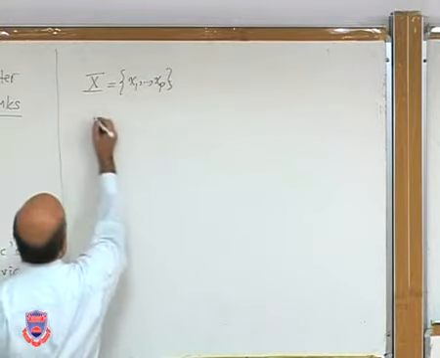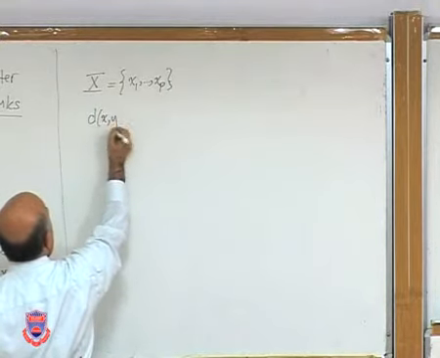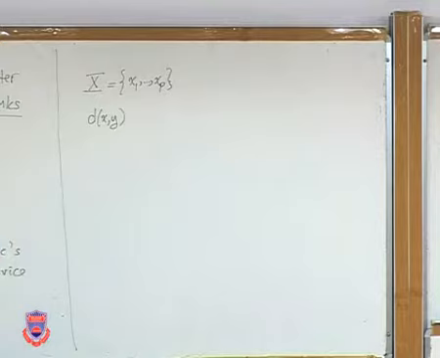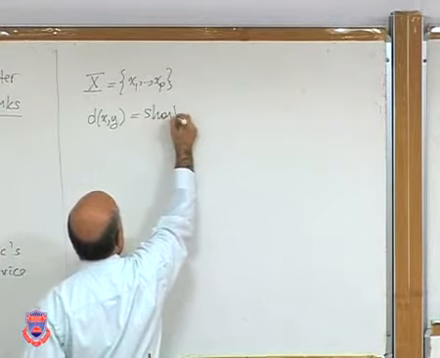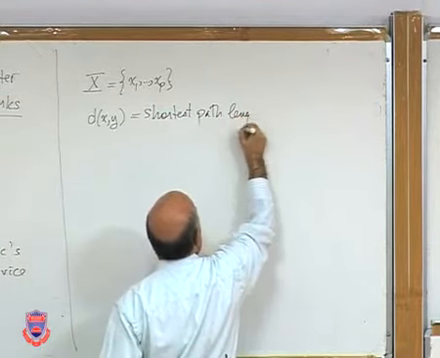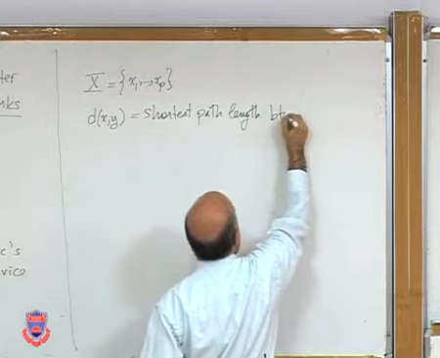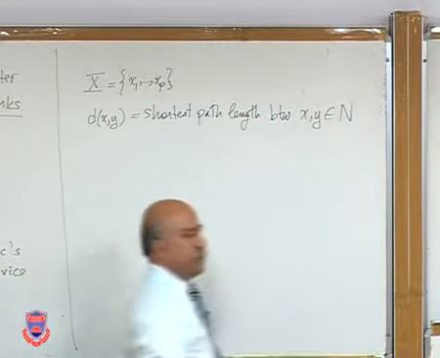So given this, we know the distance between any two points x and y is well defined. This is again the shortest path length between points x and y in the network.